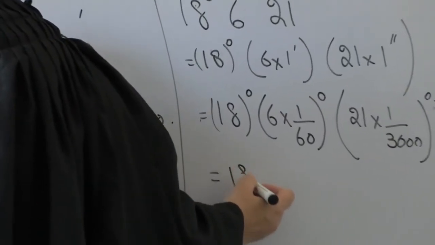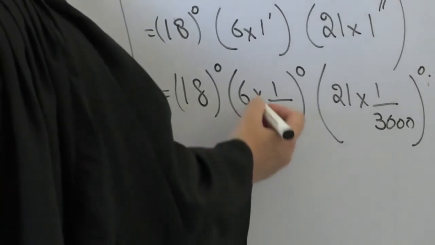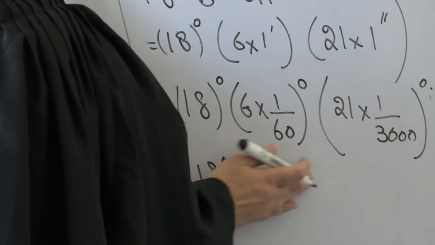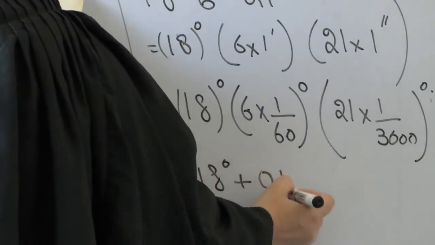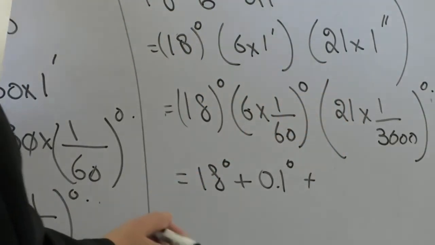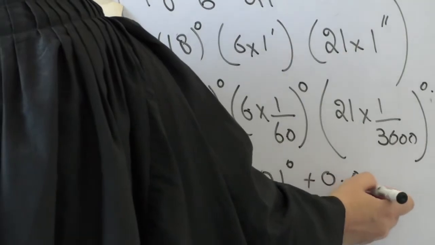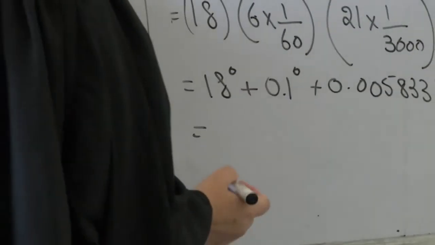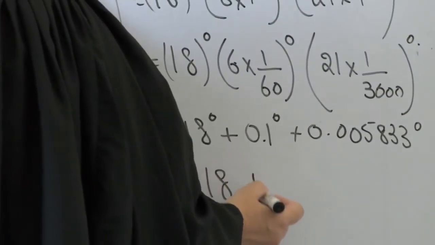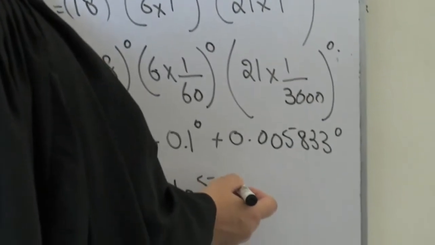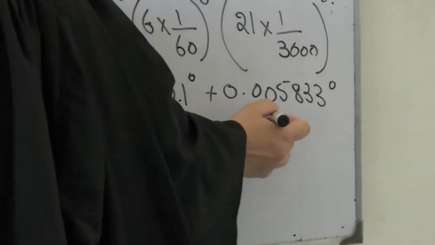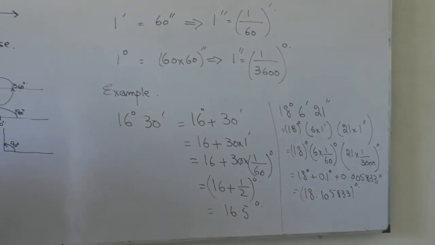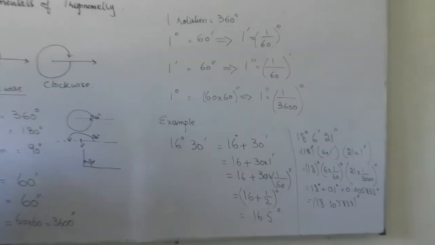Simplify. 18 degree plus, when you simplify 6 divided by 60, directly write down its answer, it is 0.1 degree plus, and the third one is 0.00583 degree. So you simplify, it becomes 18.10583 degree. This is another example in which we had minutes and seconds.